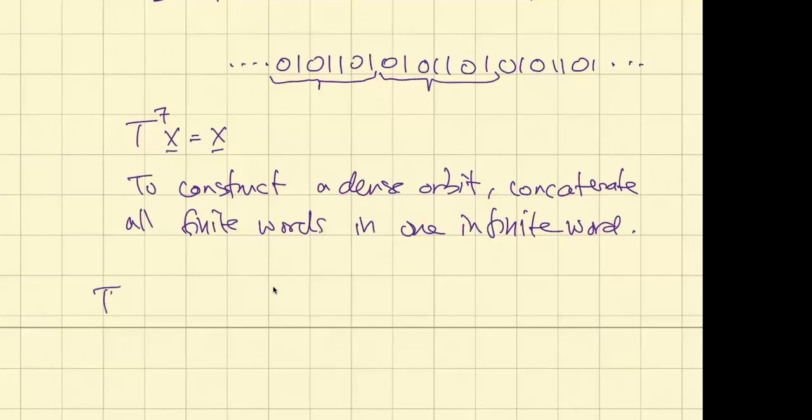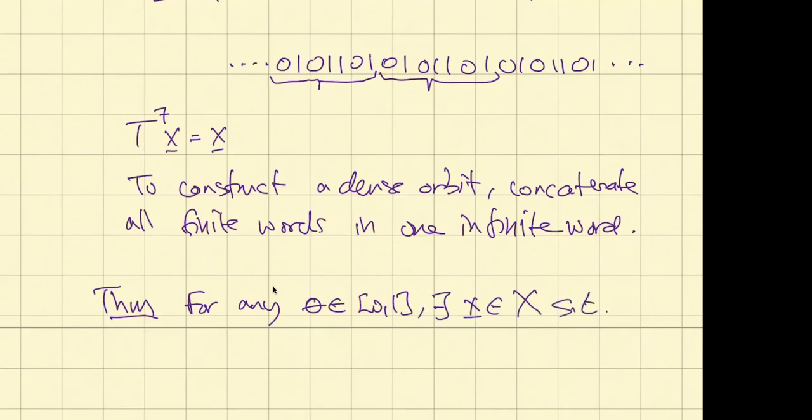And there's a theorem, for example, a folklore theorem that I don't know who to attribute this to, that says that for any theta between 0 and 1, there exists x in X such that the closure of the orbit of x has Hausdorff dimension theta.